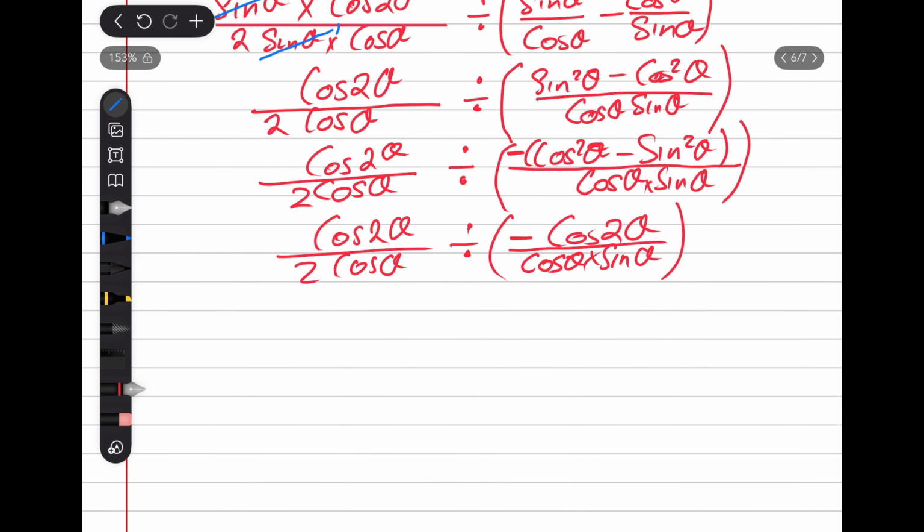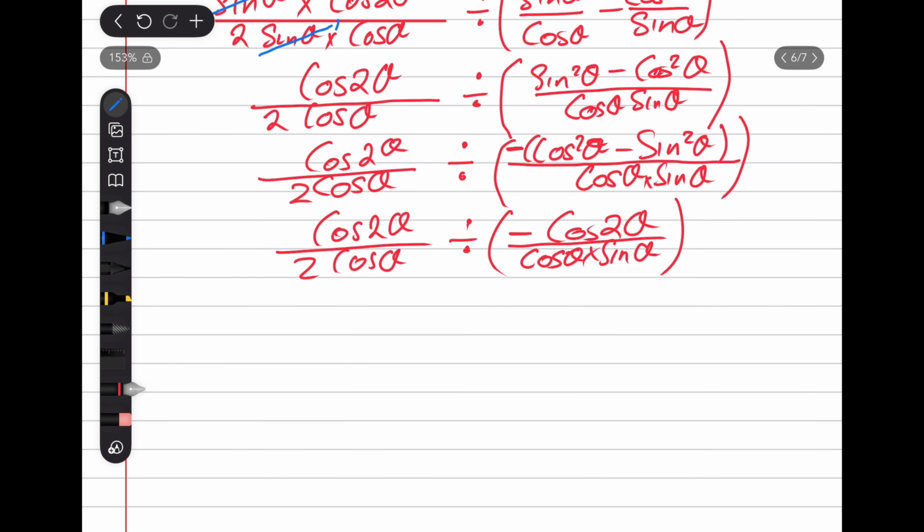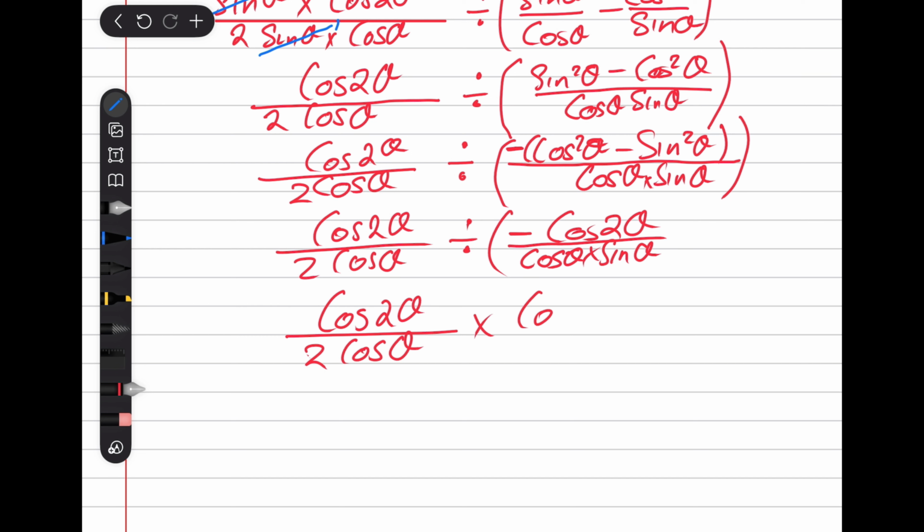So further simplify this. We know that when we are dividing by a fraction, it is the same thing as multiplying by the reciprocal. So we are going to have cos 2 theta all over 2 cos theta multiplied by cos theta times sine theta all over negative cos 2 theta. So this is what we are having here.